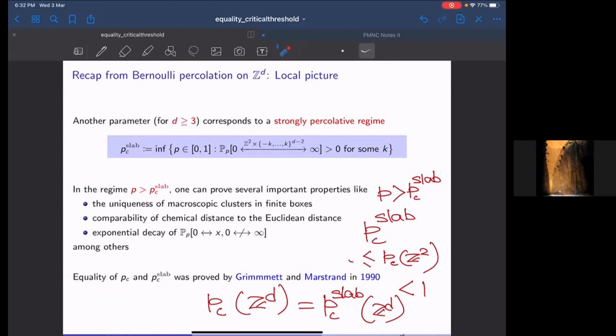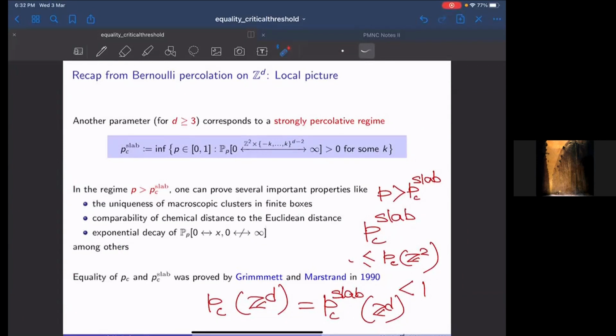For example, if you have a product of two trees, then at p_c, there is this argument by Hutchcroft that you cannot percolate along an embedded Z^2, because that represents an end.